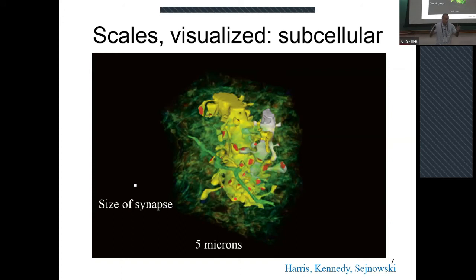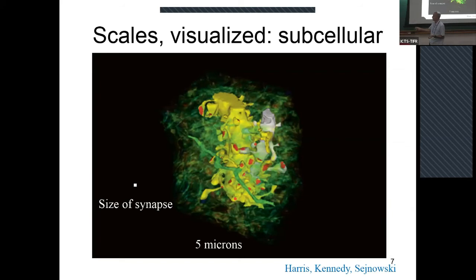And imagine this 5 micron cube absolutely jam-packed with these dendrites and axons. It'll probably have 1,000 axons traversing this at different angles. And the little red dots are, at least to my way of thinking, and to some extent in neural network literature, also crucial. Those are the synapses. Those are the connections.